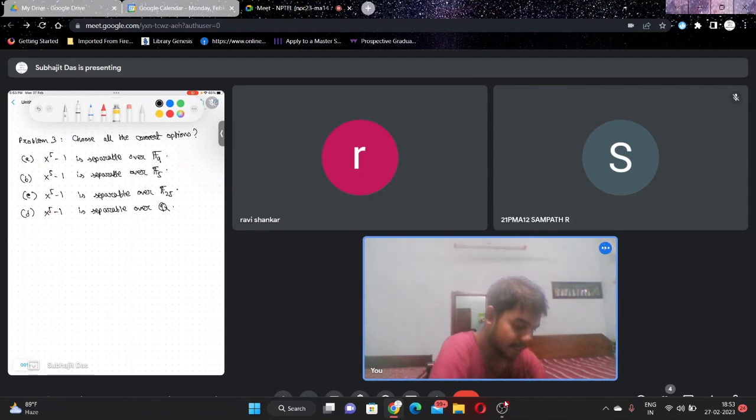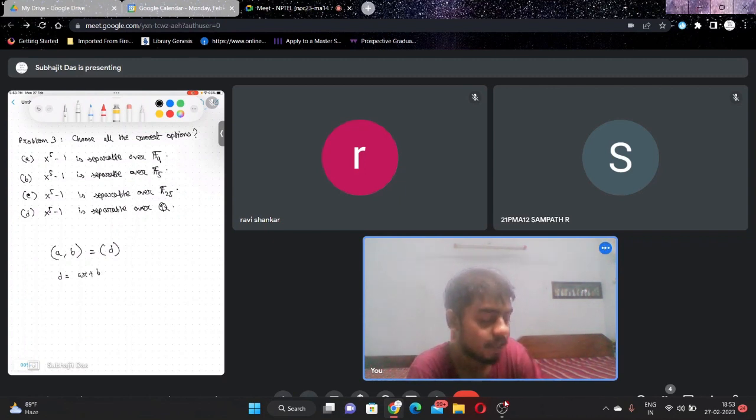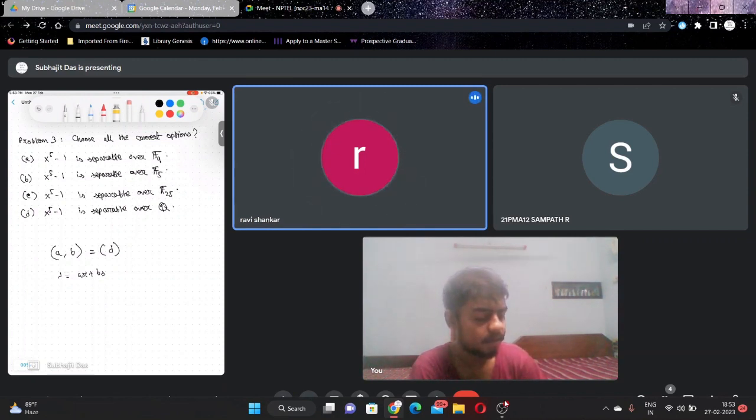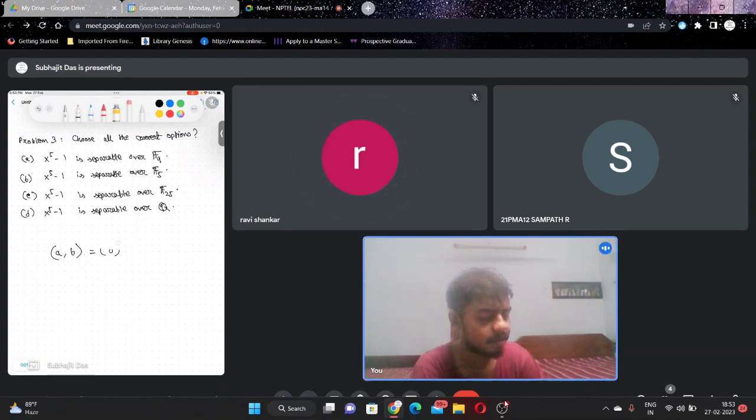Which says that in a Euclidean domain, if two elements A and B are relatively prime, in fact we can say something in further generality, that the ideal generated by A and B will be equal to the ideal generated by their GCD, which means that the GCD can be represented as a linear combination of A and B. Is this what you are referring to? I didn't understand where maximality comes in the picture, but anyway, let's solve this problem.